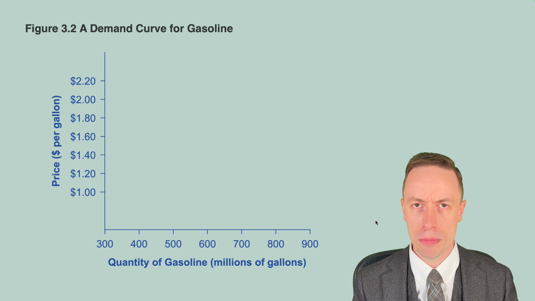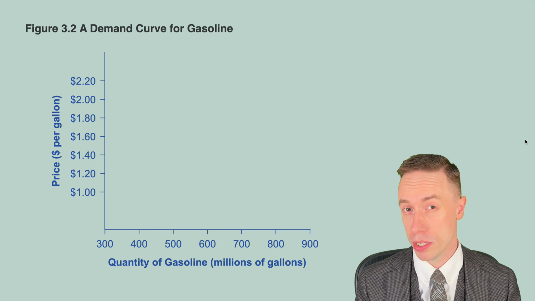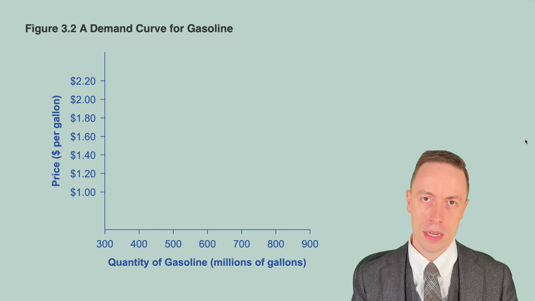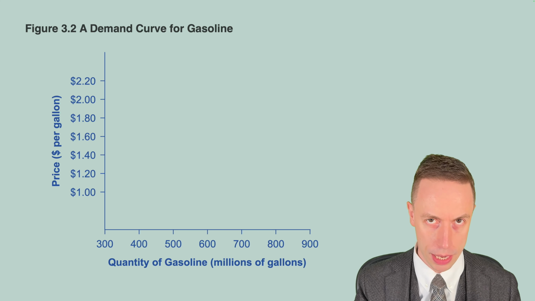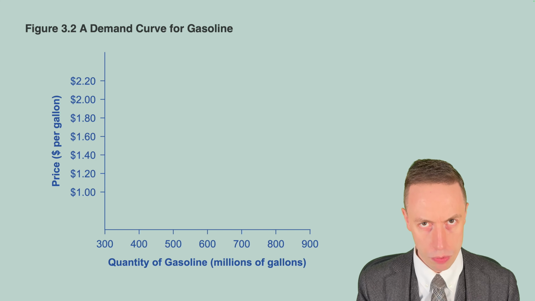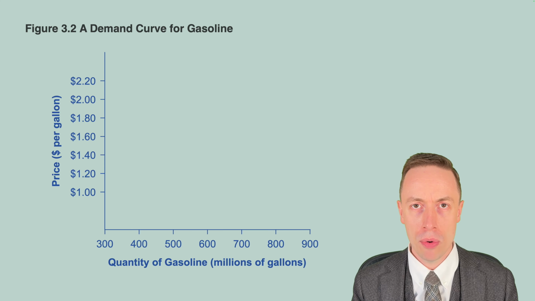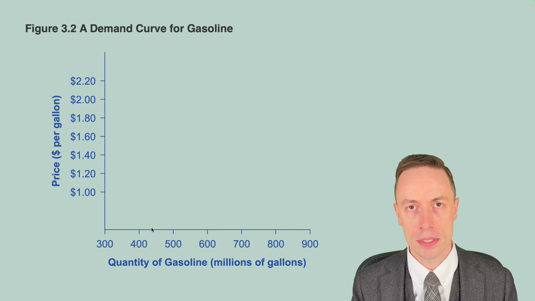Now, if you're really into math, that might strike you as a little bit unusual. I mean, if demand is a function, price goes in, quantity demanded comes out. Normally, when we graph functions, we put our input variables on the x-axis, our output variables on the y-axis, and this seems to be sort of the other way around.